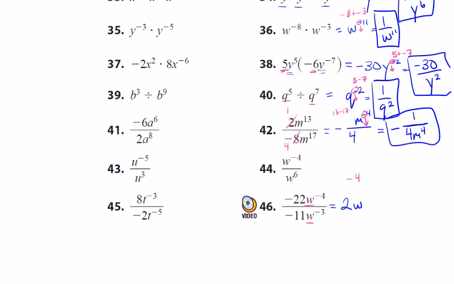So it'll be negative 4 minus negative 3. So when I subtract a negative, I'm going to end up with negative 1 there. And since I have a negative exponent, I'm going to drop it. So remember, the 2 remains. It's going to stay where it is on top, but the w is going to go to the bottom. And there's an invisible 1 there, but I'm going to leave it out.